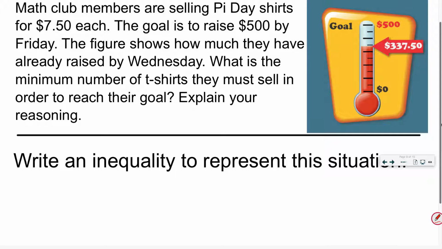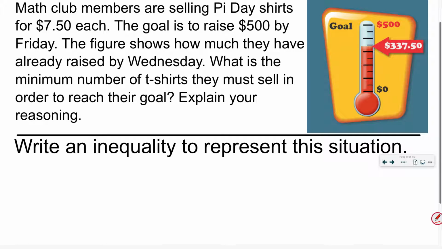I have an inequality that you can do. Okay. We'll build it together. Let's give us part of it. What do we think? 7.5t. Okay. And what is 7.5t going to represent?